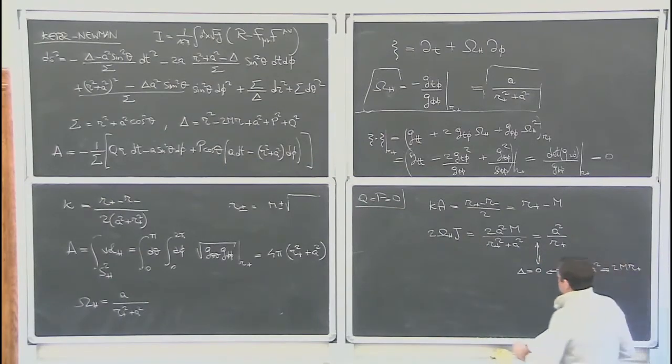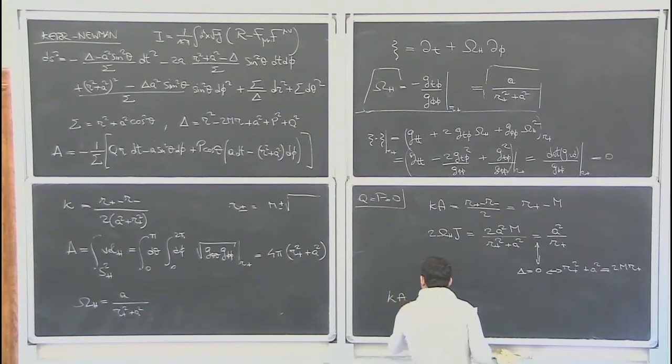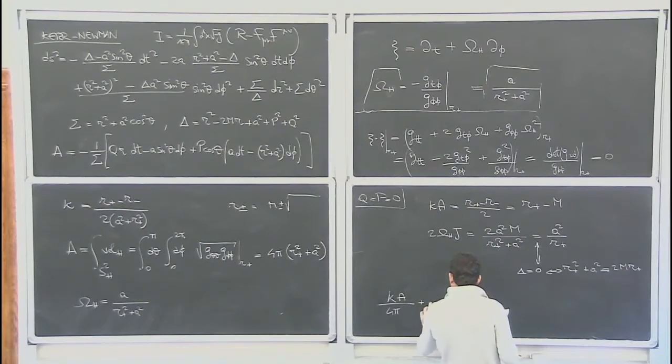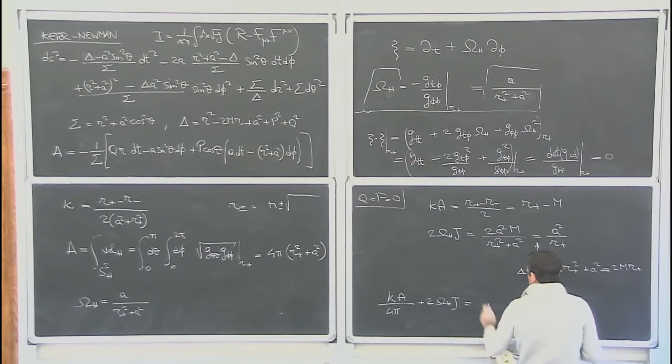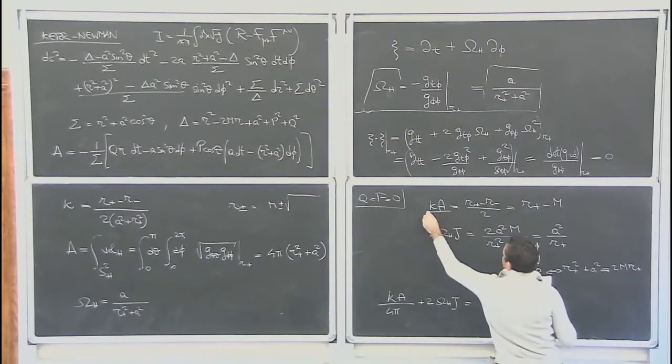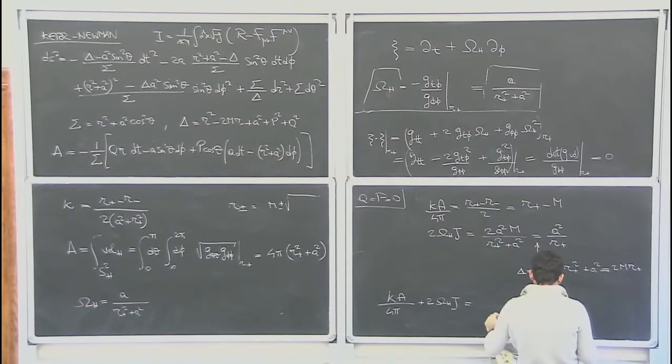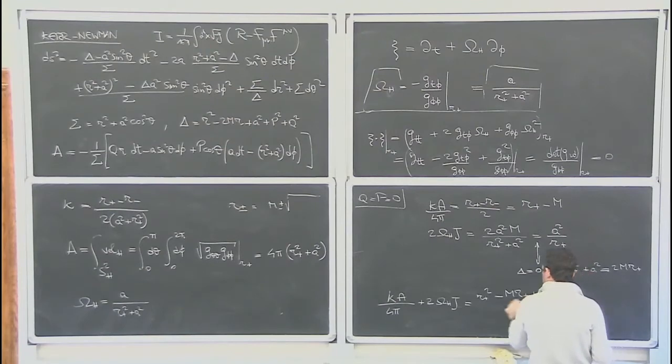Now in the Smarr relation we had kappa times A over 4 pi plus 2 omega h J. So I add up these two with the appropriate coefficients. The 1 over 4 pi here. Sorry, I probably forgot the 4 pi here. There it is. r plus squared minus m r plus a squared over r plus.